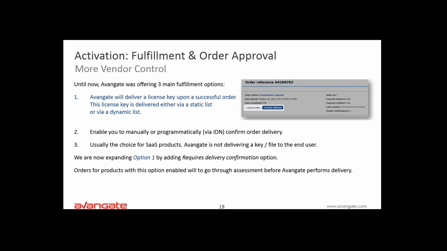But for those of you that want Avangate to handle the actual fulfillment process, the delivery process, to do all the heavy lifting and just deliver product keys or activation codes or product files on your behalf, but still want to control which customers you actually sell to, you'll be able now to confirm deliveries for very specific orders. You'll be able to look at the entire details of the order and just confirm or cancel that order yourself.